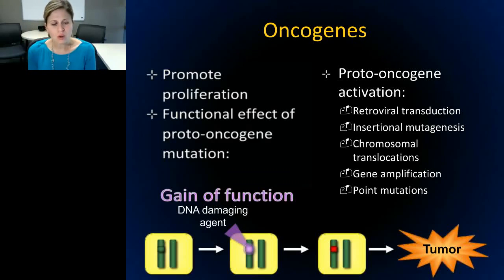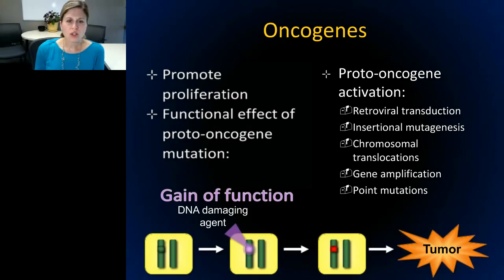All of this leads to oncogenes and tumor suppressor genes. Oncogenes are those genes that are going to be turned on and are going to have some kind of a gain of function. They are going to be genes that are very useful to promoting the proliferation of a cell by turning on a receptor that isn't supposed to be turned on, or turning on some sort of regulatory element within the cell cycle that allows for the cell to push through the cell cycle when it shouldn't normally do so.